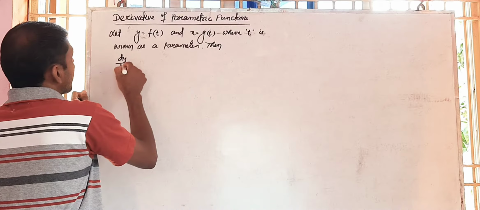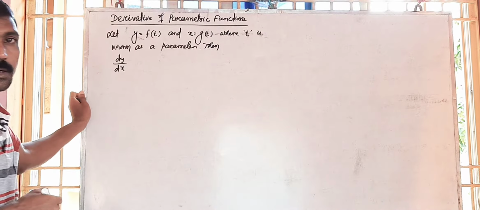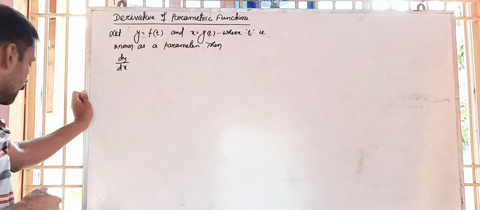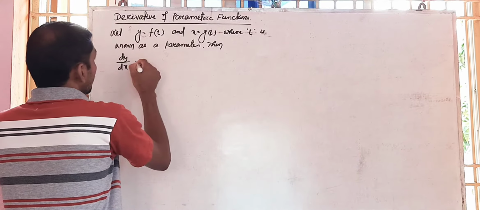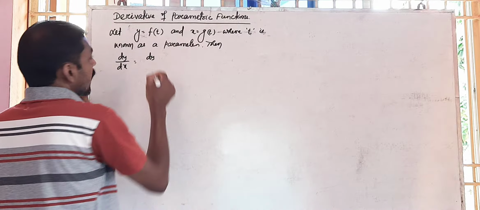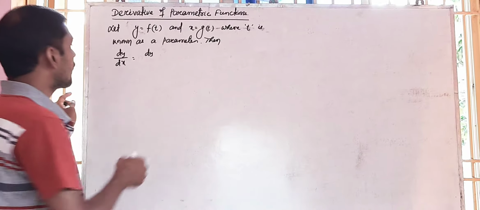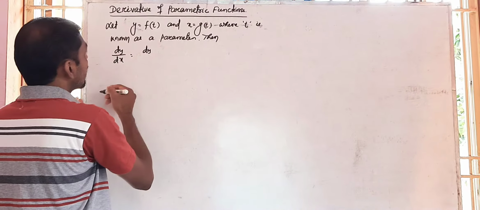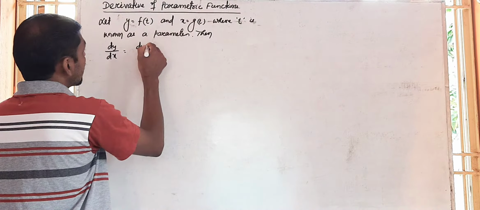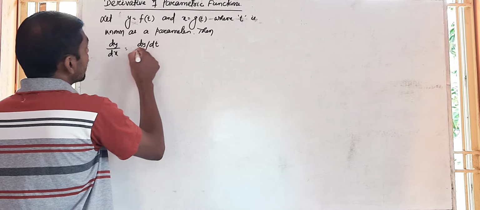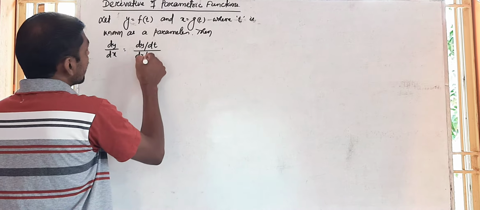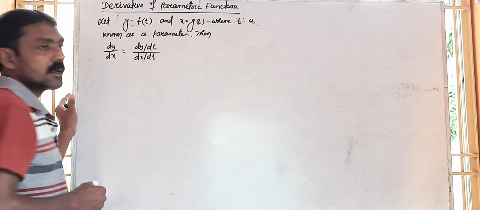Then, in order to find the derivative of y with respect to x, write it as in the chain rule, where y is a function of t. So first we differentiate y with respect to t. So we write dy by dt divided by dx by dt.